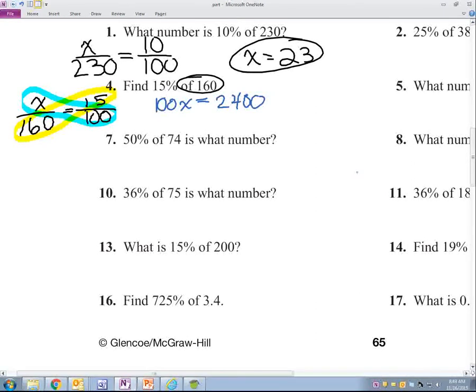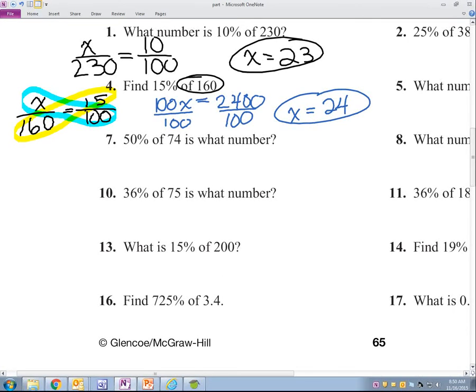Now we're multiplying that x by 100. Since x is right next to that 100, I'm going to divide by 100. So I have now that x equals 24 because I just take those zeros away. So if I wanted to know if 24 is 15% of 160.